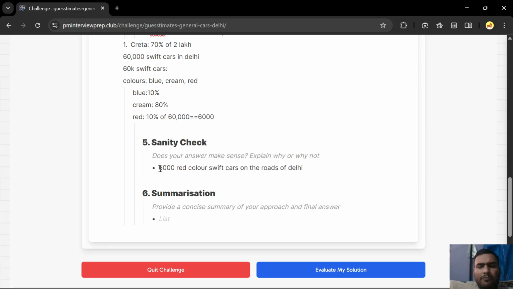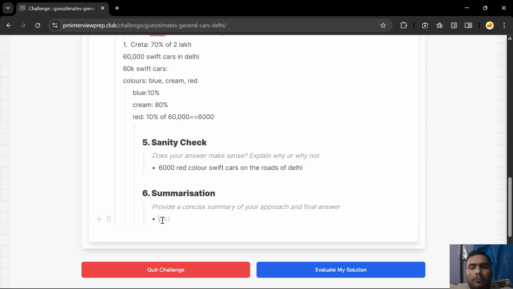I think that is a fair number, 6 to 7,000 of red color in the entire Delhi, because we have taken the whole geography of Delhi. So I can ask the interviewer whether this number makes sense.